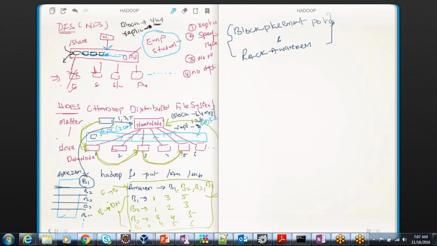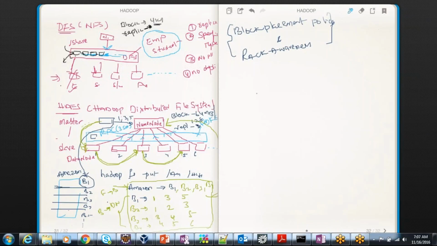So this is how the data will load into the Hadoop cluster. Now try to understand one after another: what is the name node, what is the data node. Any questions? Please ask me, else we'll continue.